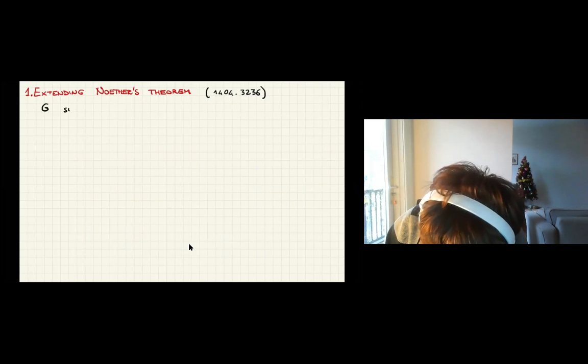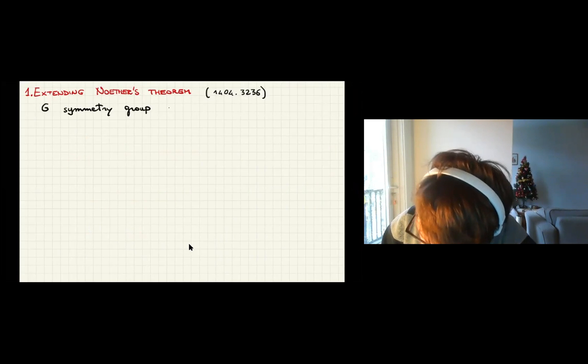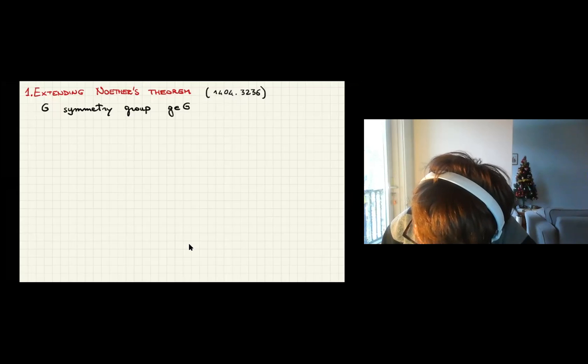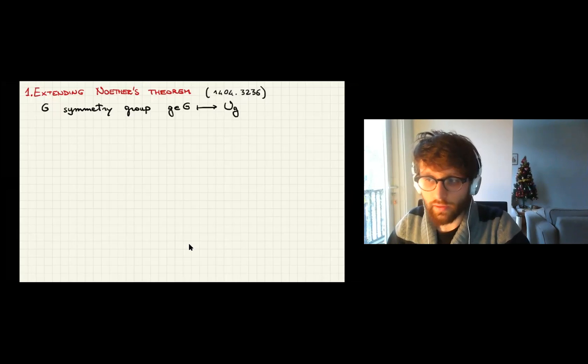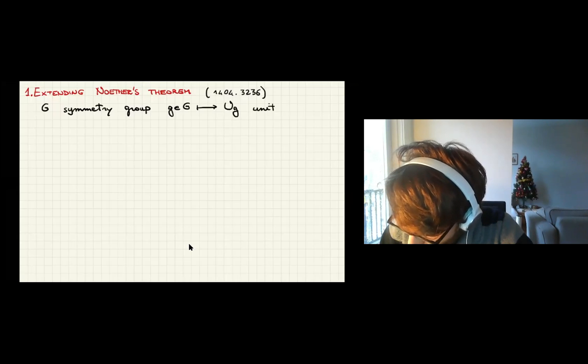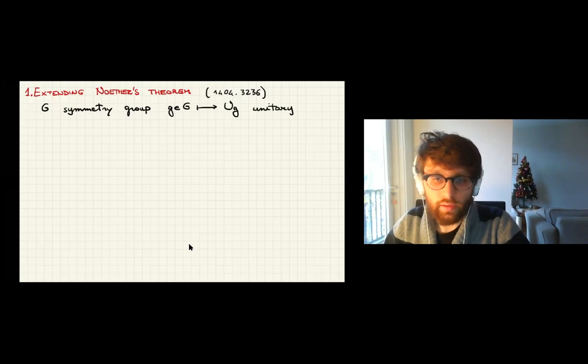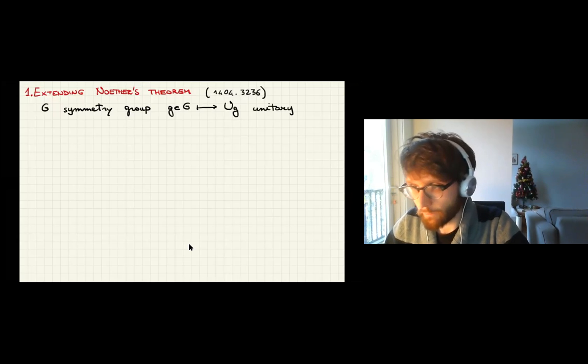So the way it could be formalized is that you have a group G, which is a symmetry group. And then to each element of this group, you're going to associate a unitary, which is just the way in which this group is acting on the quantum state. So in jargon, this is called a group representation. Okay. So if this is a rotation, this is just a unitary on the quantum state that is applying the rotation, for example, if G is the group of rotations.